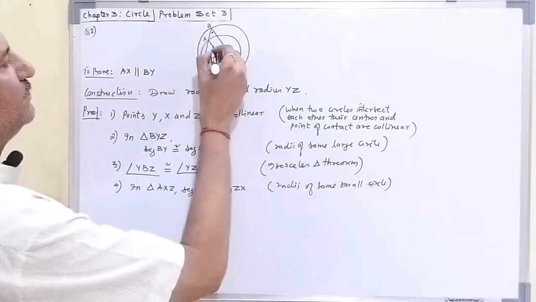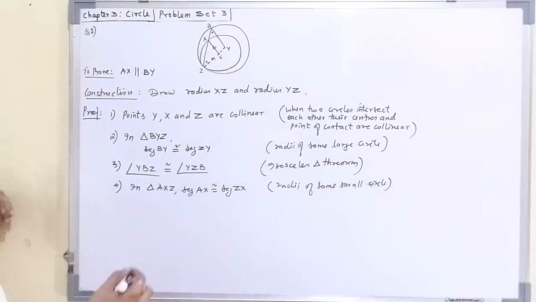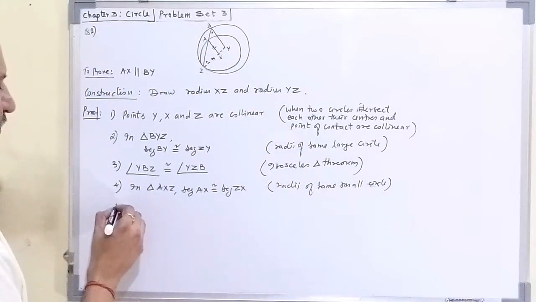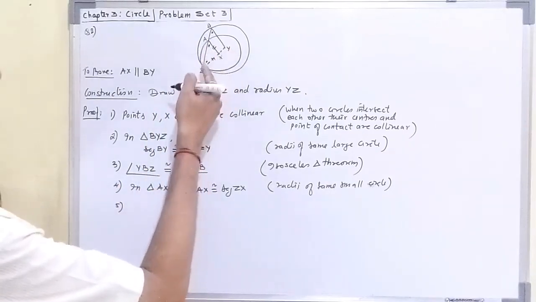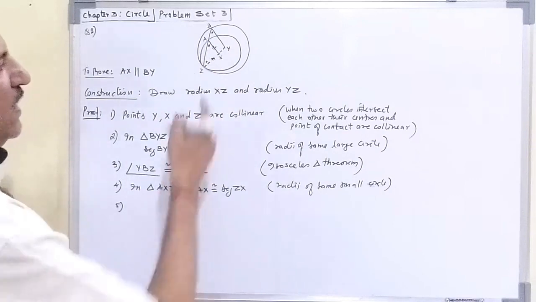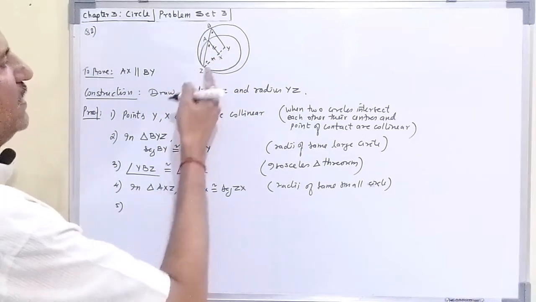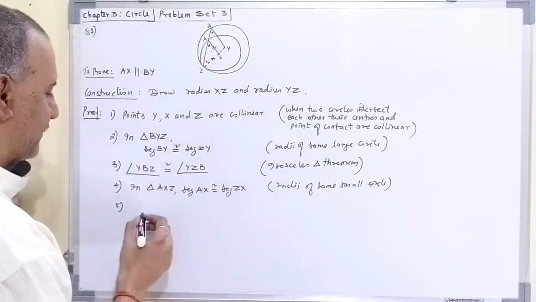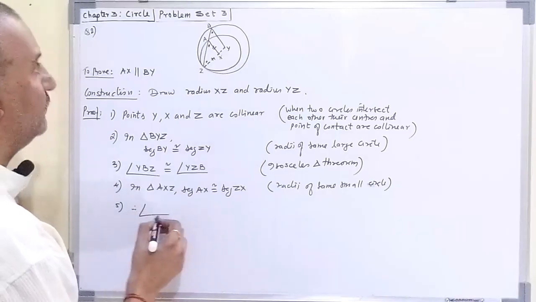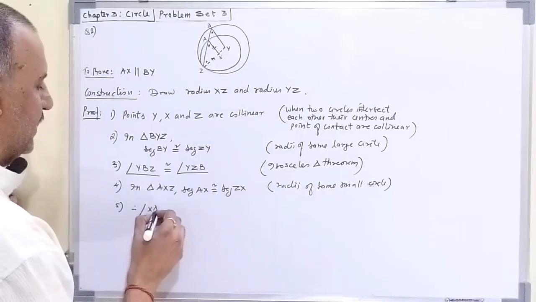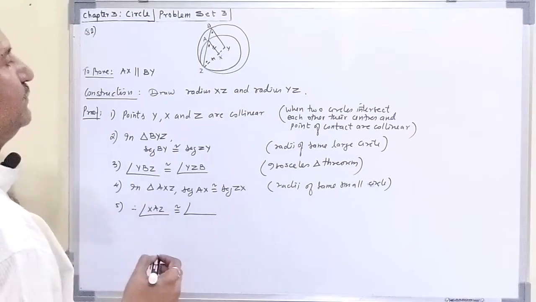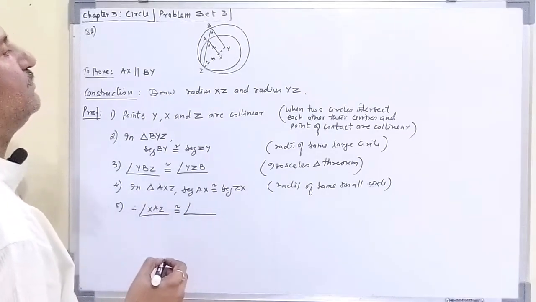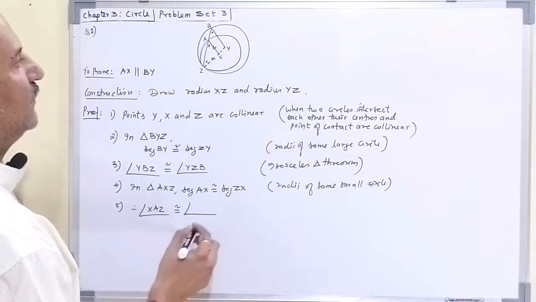Segment number 5. Therefore, angle XAZ is congruent to angle XZA. Therefore, angle XAZ is congruent to angle XZE.